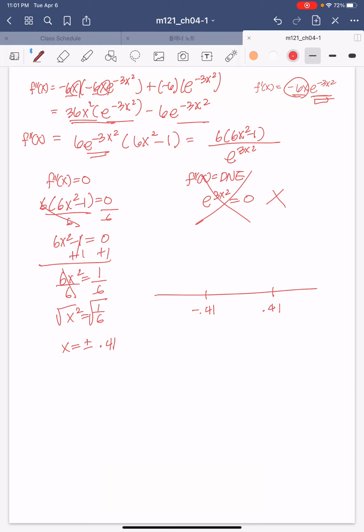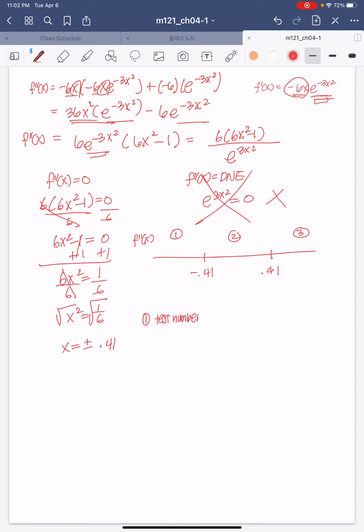So we have three regions to test: 1, 2, 3. For the first region, I'm going to use the test number negative 1. For the second region, I'm going to use any number between negative 0.41 and positive 0.41.